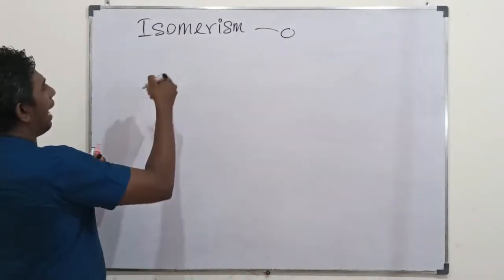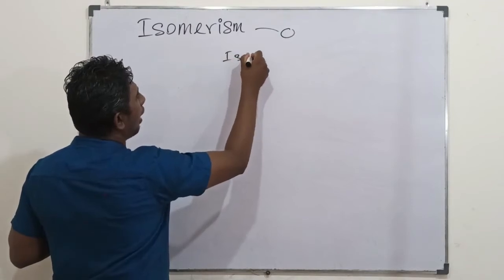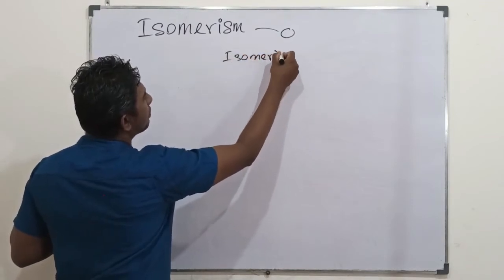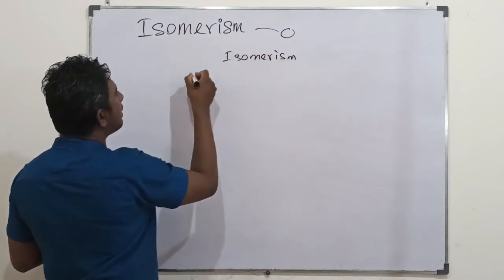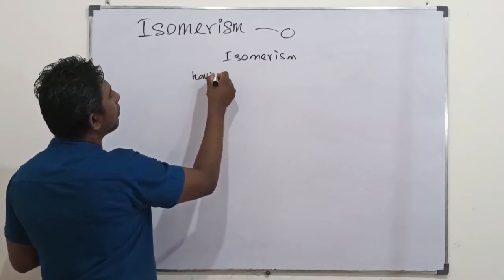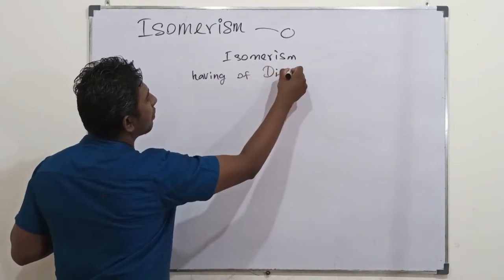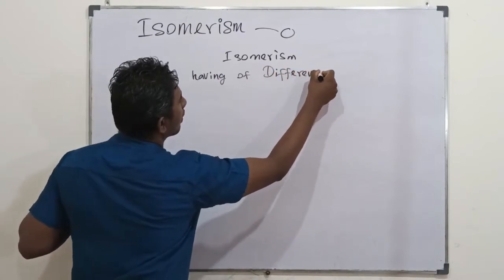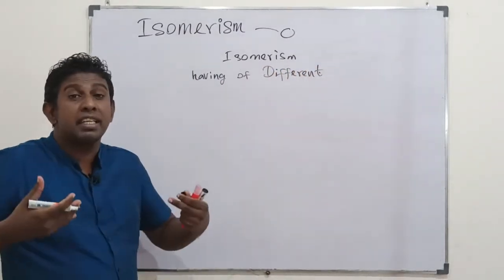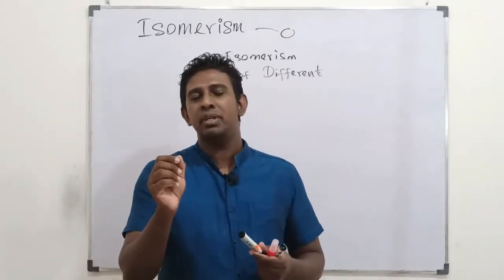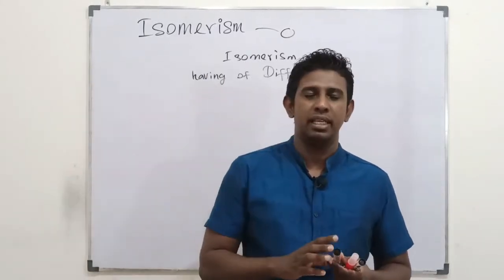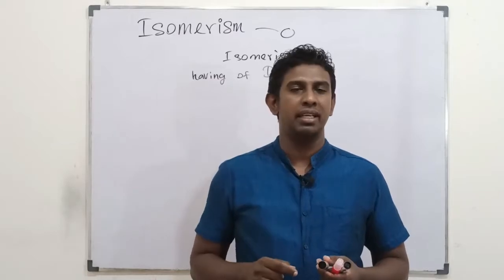Students, simply, isomerism is having different compounds. A compound has one particular structure only.